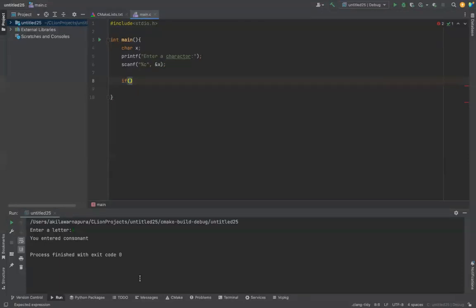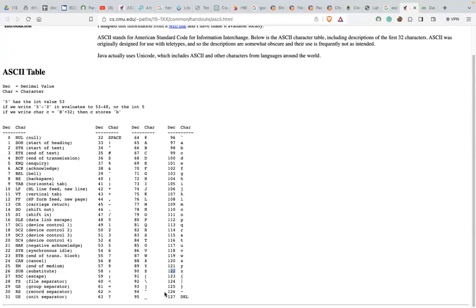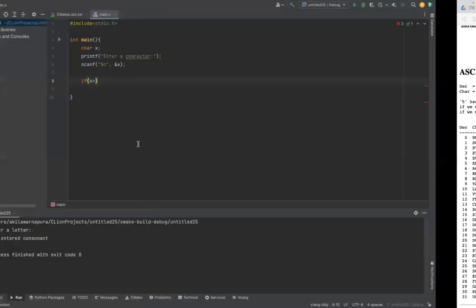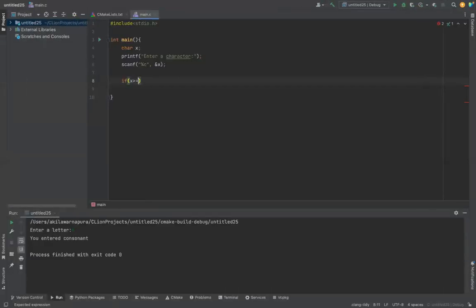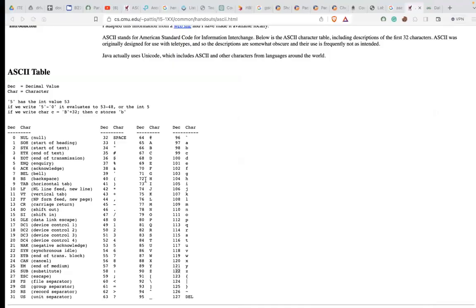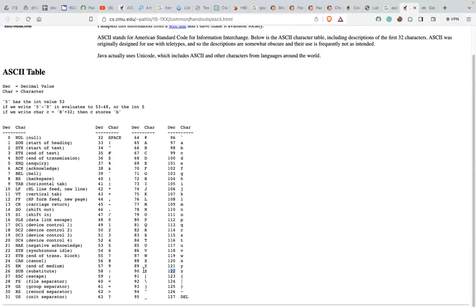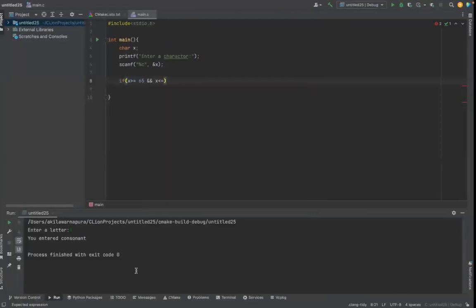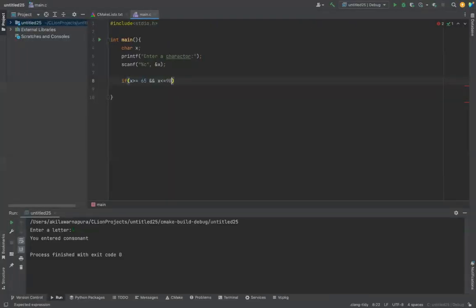If X is greater than or equal to 65, and X is less than or equal to 90.